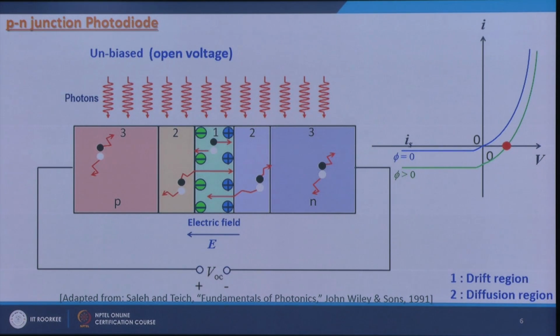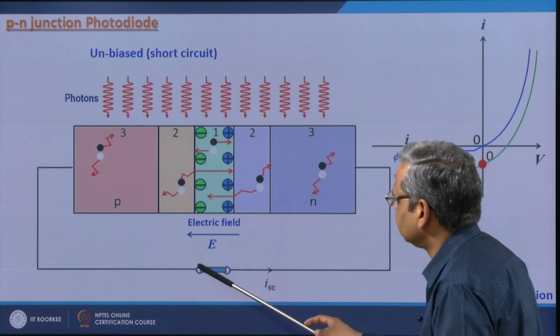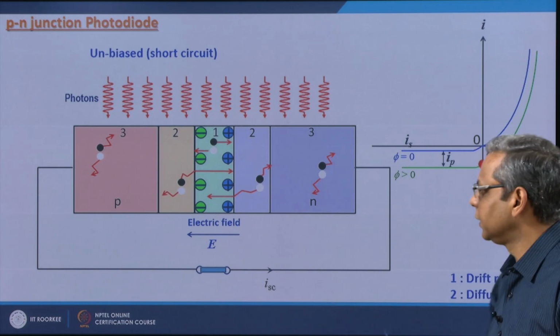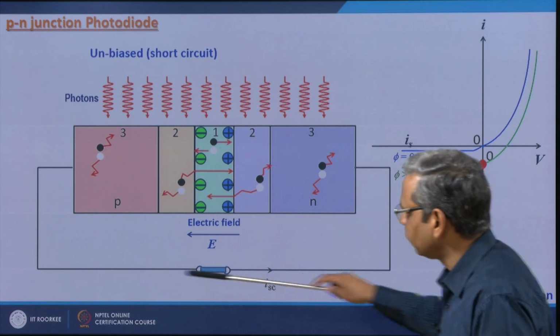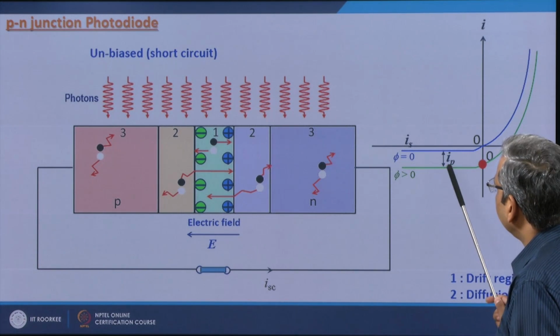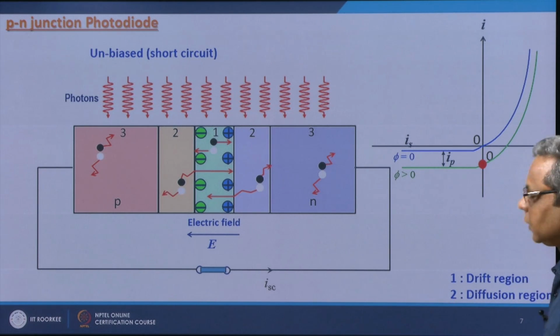Now, what happens if I short circuit it? If I close the circuit, then electrons will start flowing in this direction, holes will start flowing in this direction, and it will constitute a current. But this current would be larger than the reverse saturation current in the absence of any optical energy.